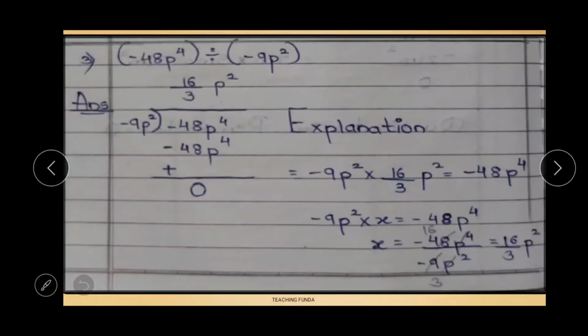Now here first let us consider this answer as x. So here I am writing x. So minus 9p square into x is equal to minus 48p raised to 4. Now here find out the value of x.